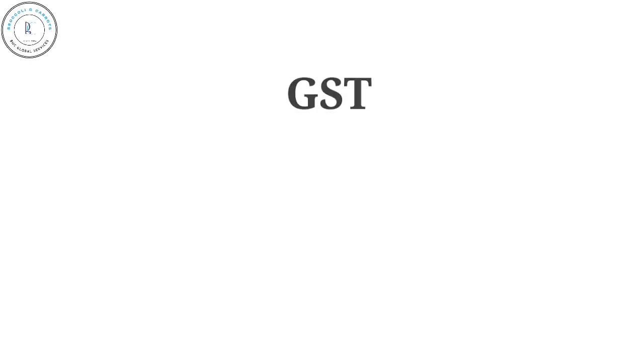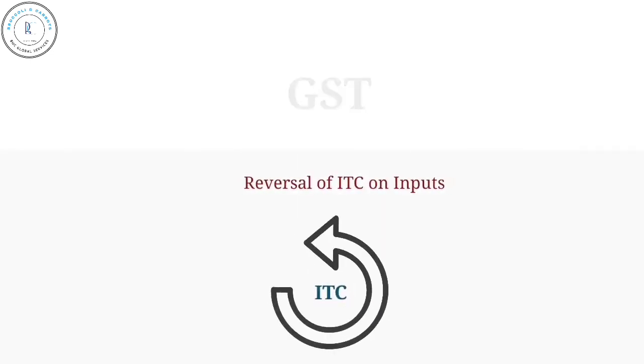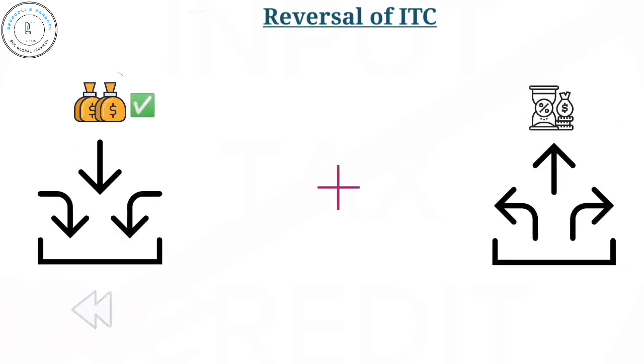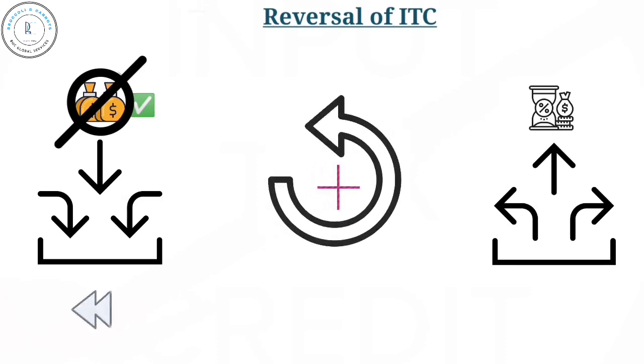Today, we shall be discussing the concept of reversal of ITC on inputs. Reversal of ITC means the credit of inputs utilized earlier would now be added to the output tax liability, effectively nullifying the credit claimed earlier. Depending upon when such reversal is done, payment of interest may also be required. Specific credit.